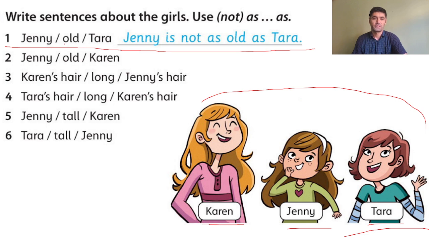The first sentence has already been done for us. If you look at the example sentence, it says, Jenny is not as old as Tara. If you look at Jenny, from her face, she looks younger. And Tara looks a bit older than Jenny, doesn't she? So we can see that Jenny is younger than Tara.